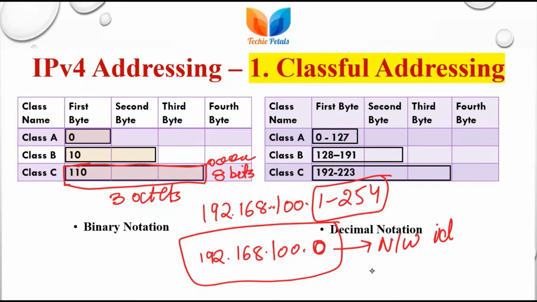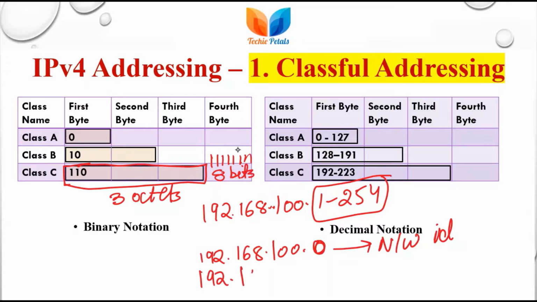Similarly, all host bits cannot be 1, because if all host bits are 1, they represent the broadcast address. That means we use this address to broadcast any message or packet to all the connected nodes in the network. So the other host ID that is restricted for use is 255. This is for broadcast.